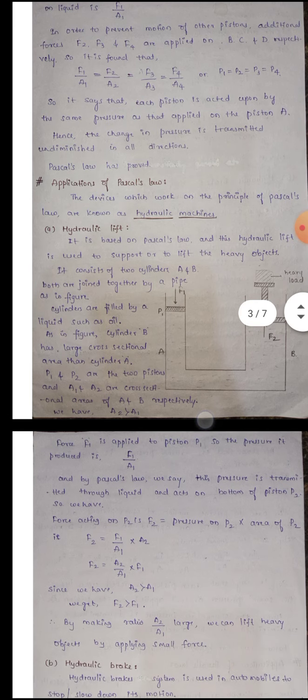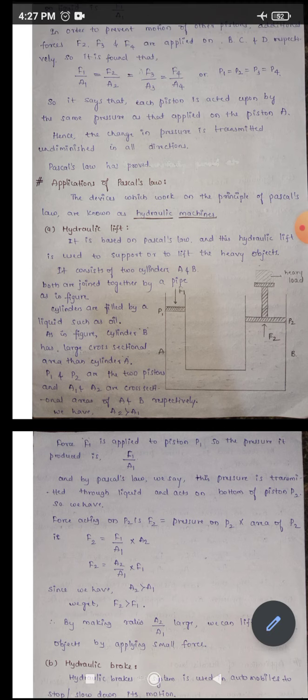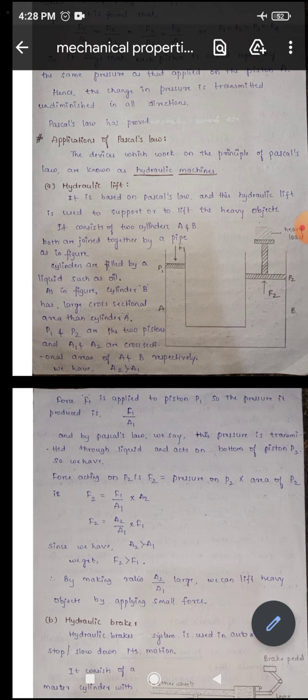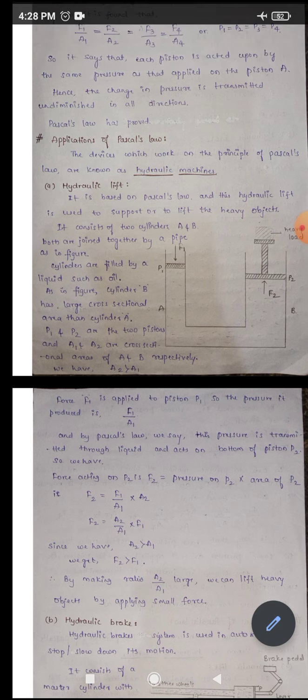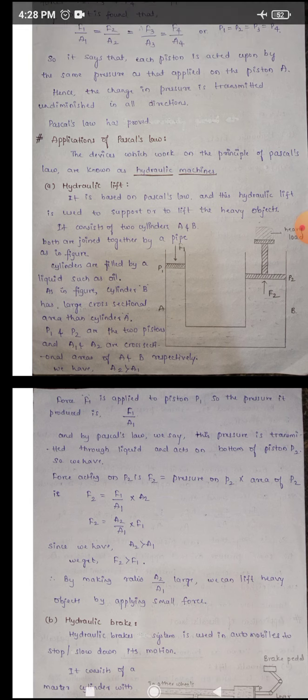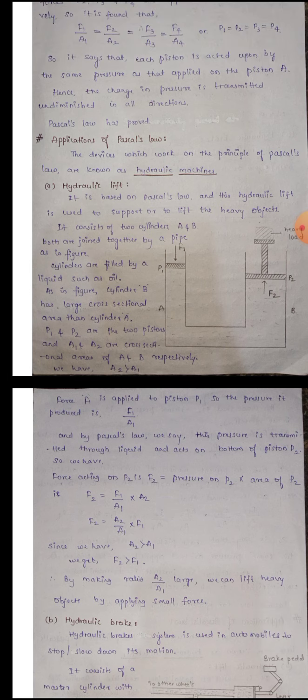So the pressure we have applied from P1 is F1 divided by A1. So substitute here F1 divided by A1 and multiplied by the area of P2, and we know the area of P2 is A2. So we get F2 is equal to F1 divided by A1 into A2, and we can write it as F2 is equal to A2 divided by A1 into F1.